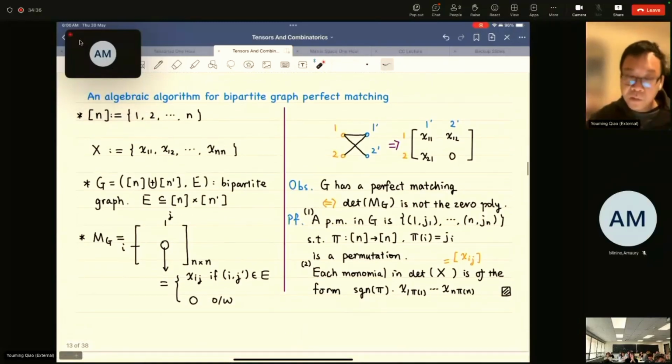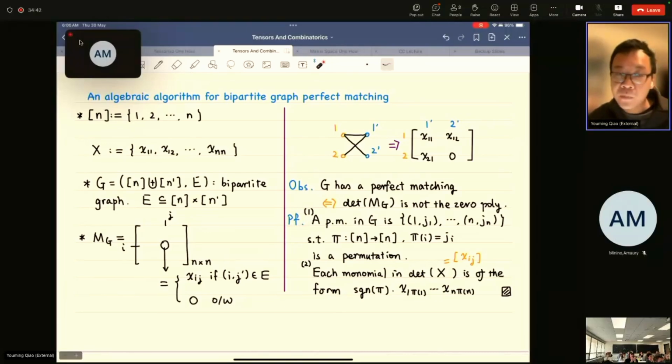Okay. I put this proof here, but this is just an observation, so you can probably imagine that it's not really difficult. The key point is that every perfect matching essentially corresponds to a permutation in the bipartite graph case.